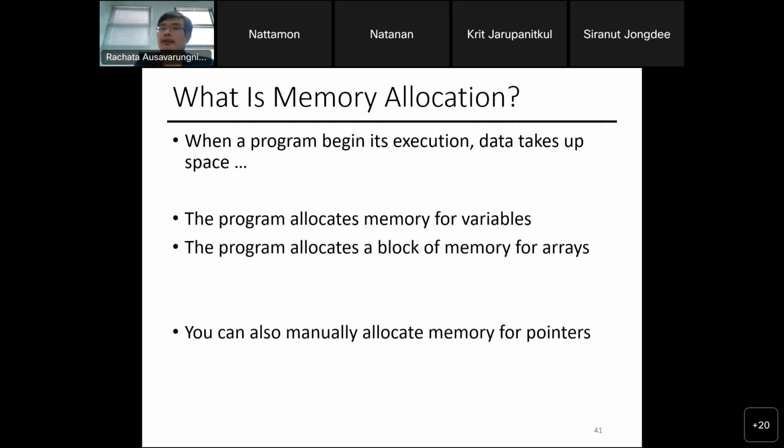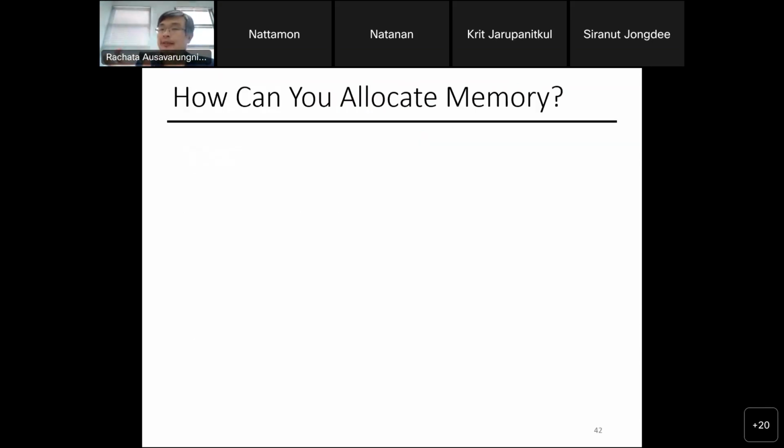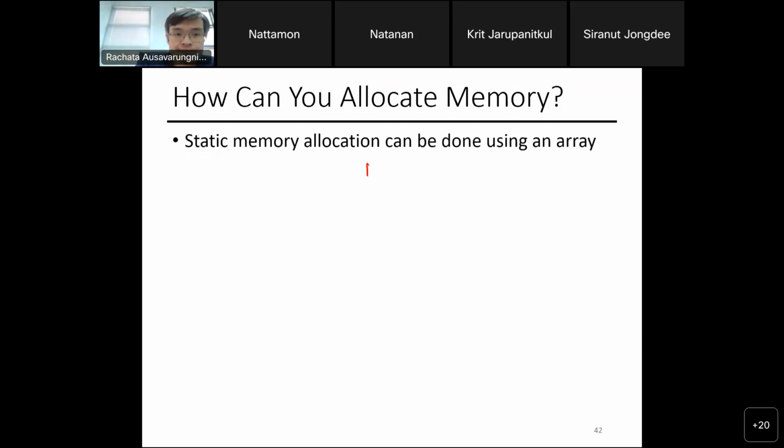And there's a function call for that in C. So how can you allocate the memory? Static memory allocation is done through an array, something like int A[10]. It basically means that the OS goes and finds free space for 10 integers and gives the program back that empty space that you can use later. So that is static memory allocation.